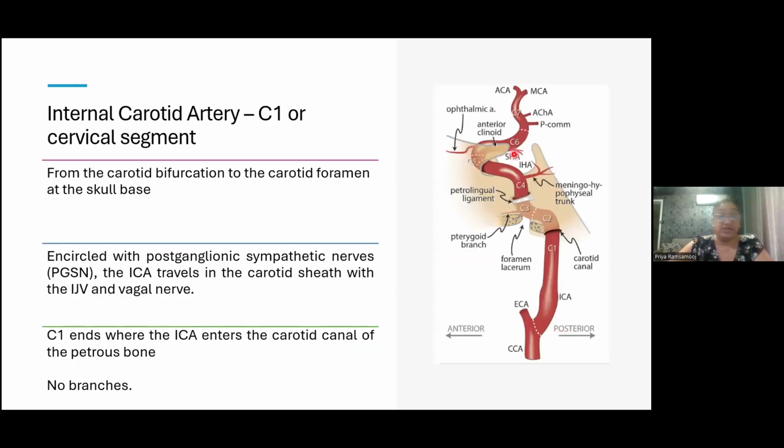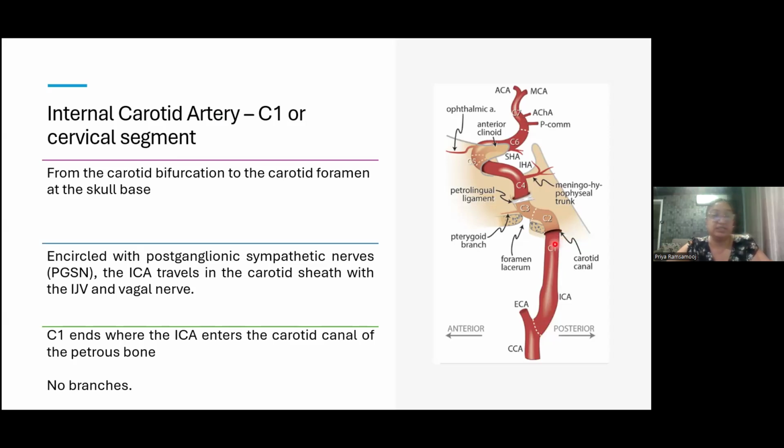So this picture is on every slide coming up so that we could follow along. I mean, a picture tells 1,000 words. So C1 or the cervical segment. Remember, the common carotid artery branches into ECA and ICA. So your C1 segment begins in the neck at the carotid bifurcation, and in essence runs from the carotid bifurcation to the carotid foramen at the skull base.